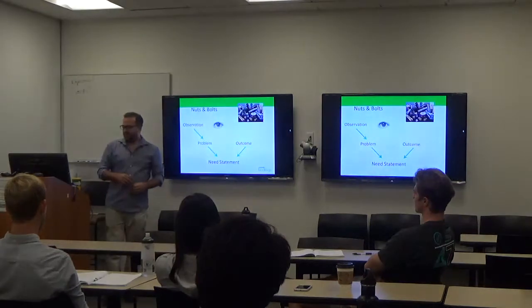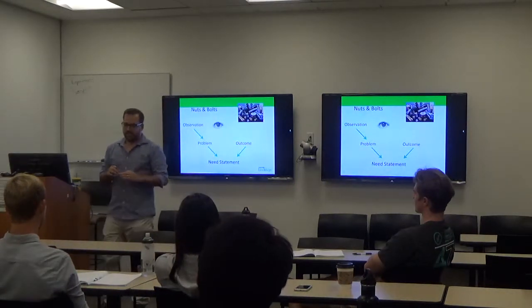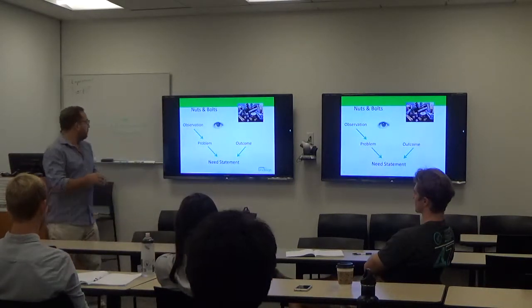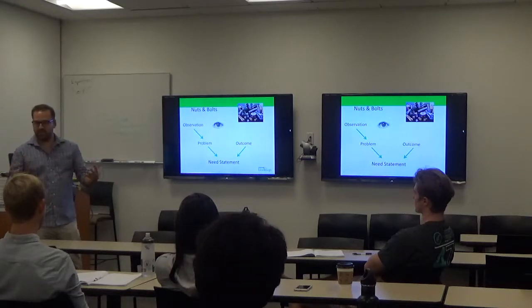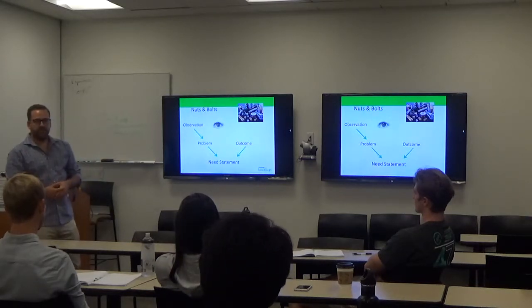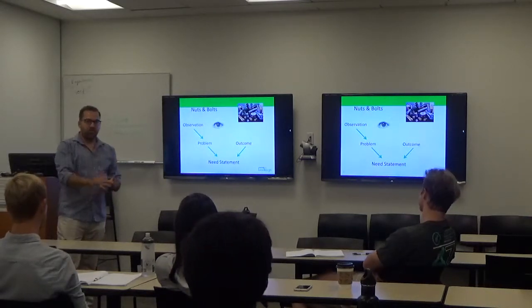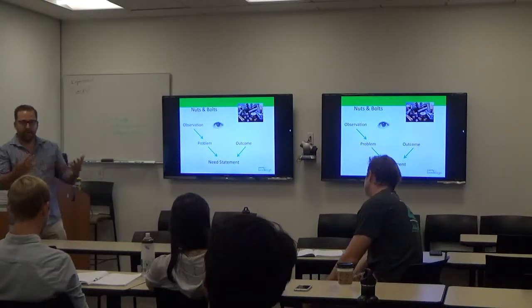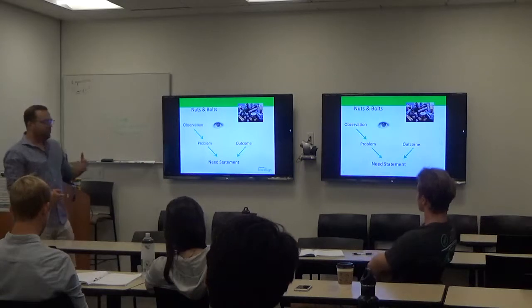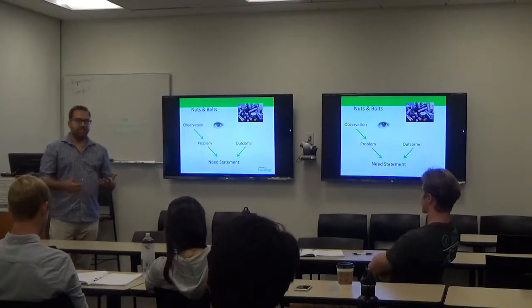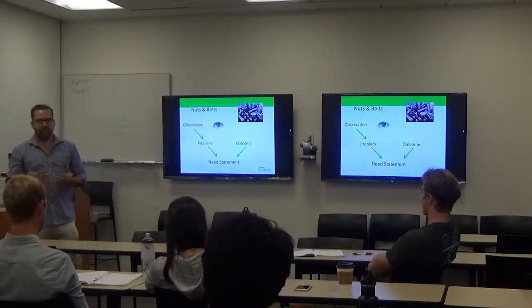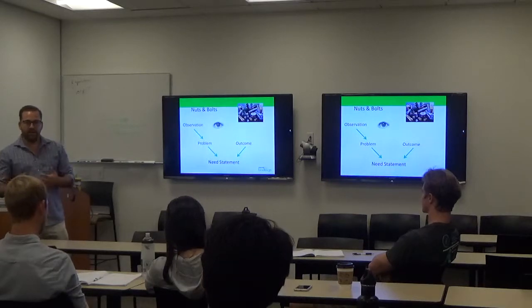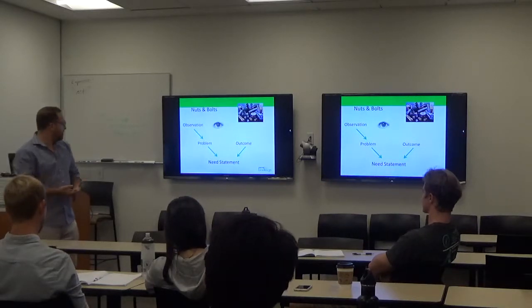So the nuts and bolts. Everything breaks down to this slide. Once you have your observation, say you've observed a stroke patient in the ER, maybe the observation is they're in pain. The problem is maybe they're in pain because a certain type of stroke at a certain time is happening and causing that pain.